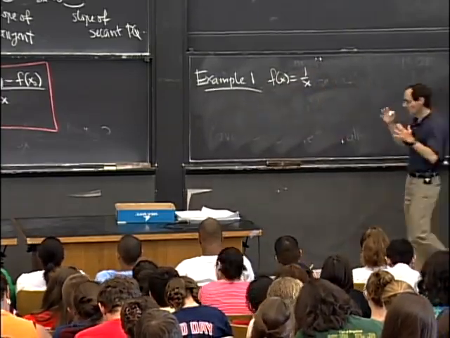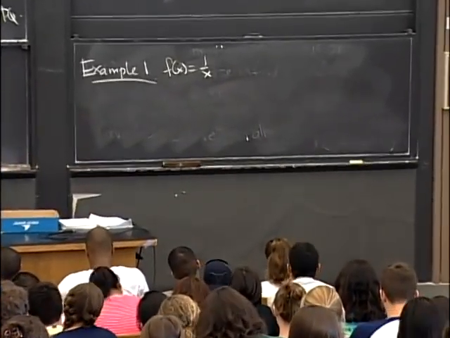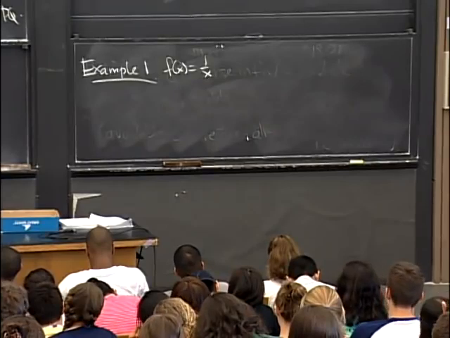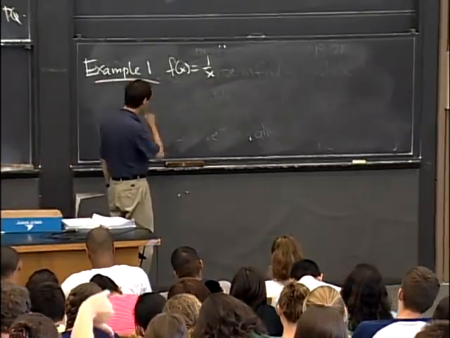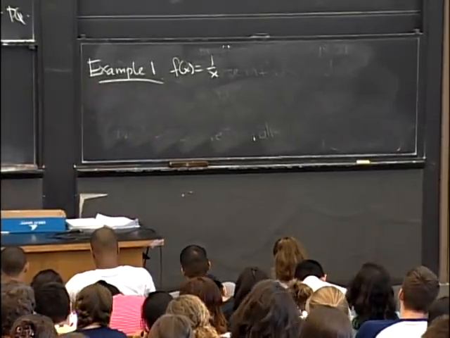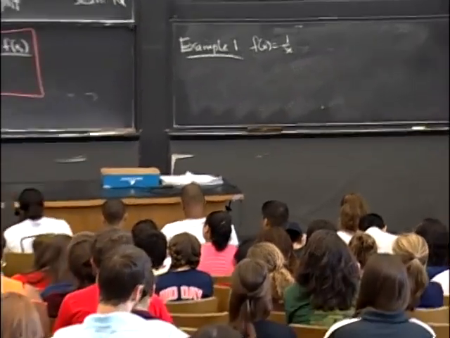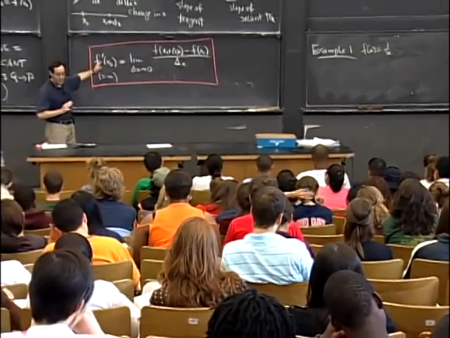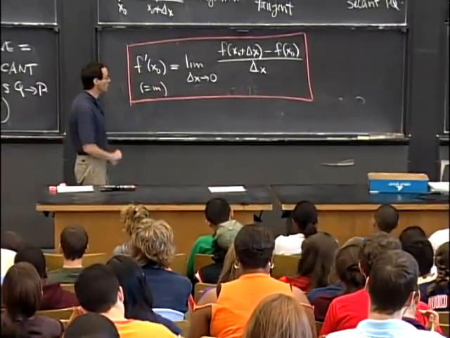That's sufficiently complicated to have an interesting answer, and sufficiently straightforward that we can compute the derivative fairly quickly. So what is it that we're going to do here? All we're going to do is plug in this formula here for that function. That's all we're going to do.